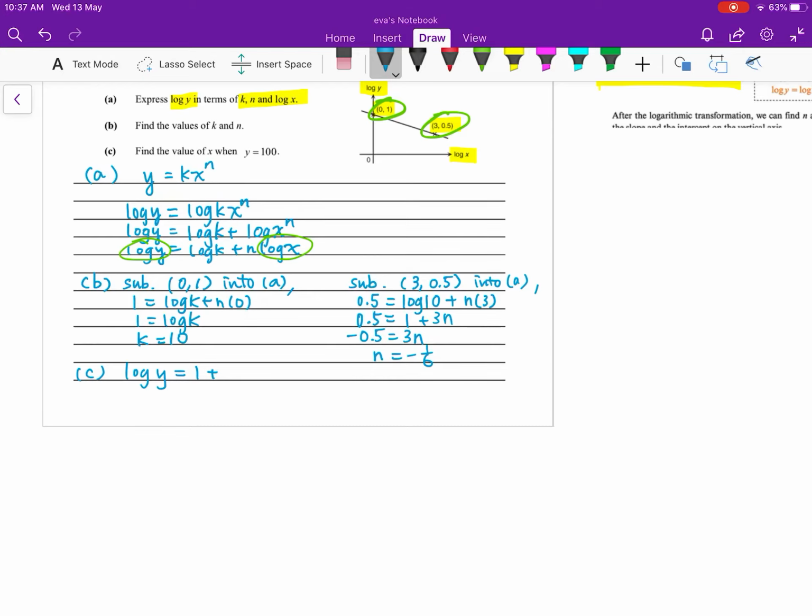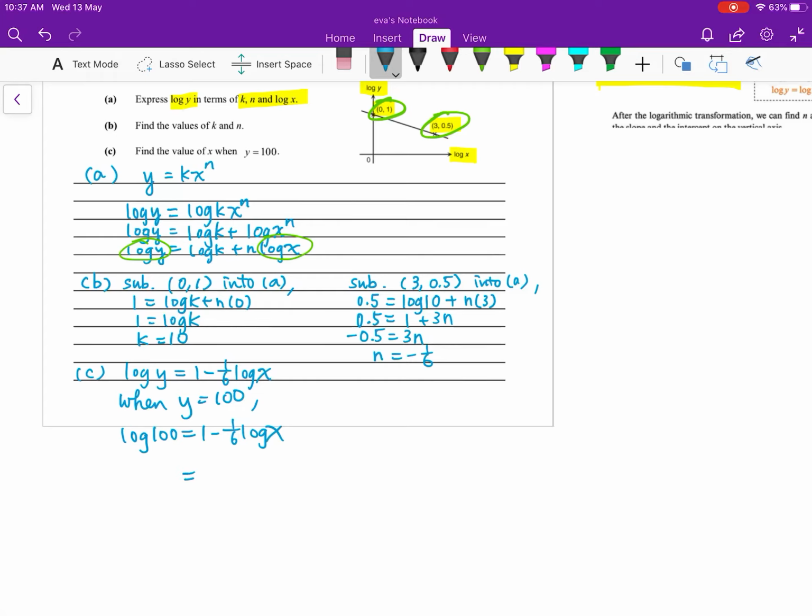And then n is negative 1/6, so we write down minus 1/6 log x. So when y equal to 100, then log 100 equal to 1 minus 1/6 log x.